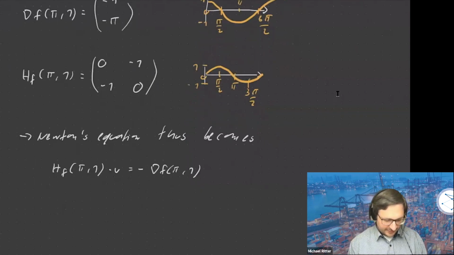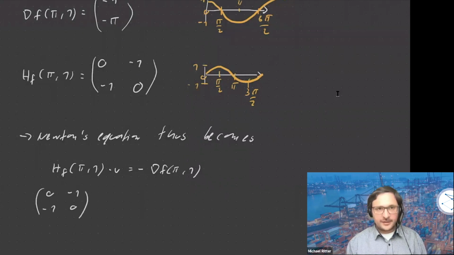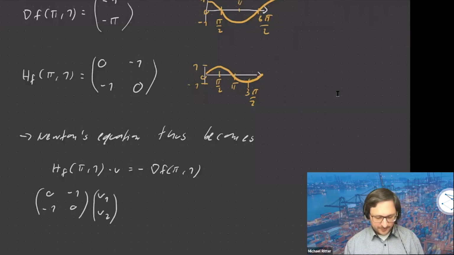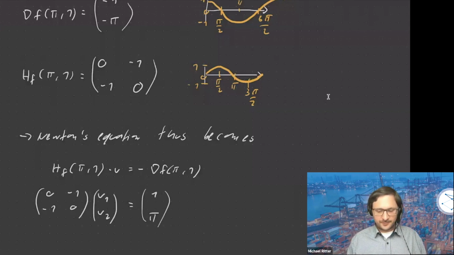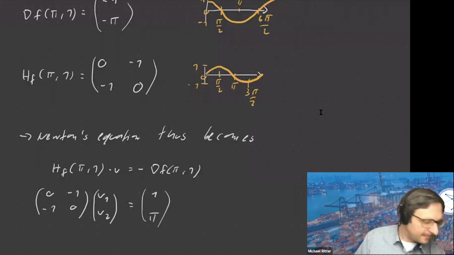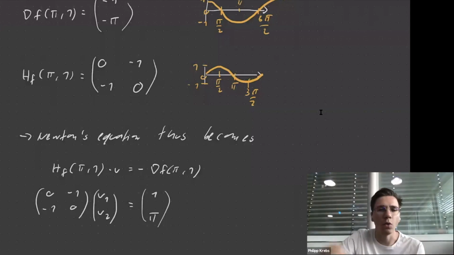So what we get is 0, -1, -1, 0. That v is a vector of appropriate dimension. So in this case, 2-dimensional, v1, v2. And that is the negative gradient, so 1, pi. Okay, so this is Newton's equation. Philip, any questions? No. Good, there aren't any.